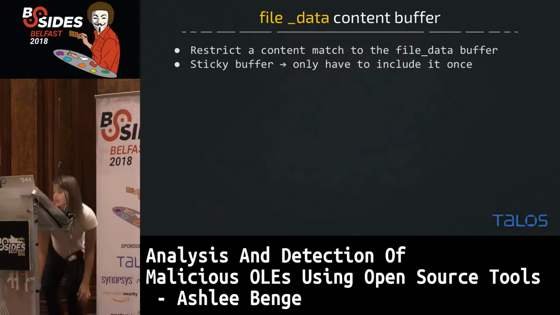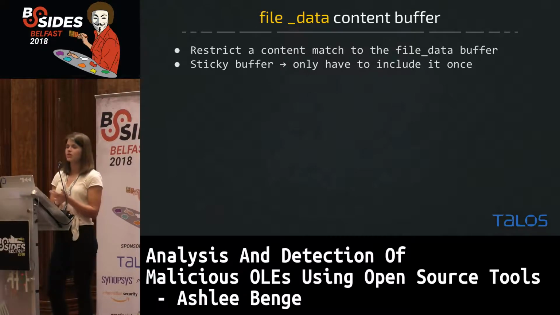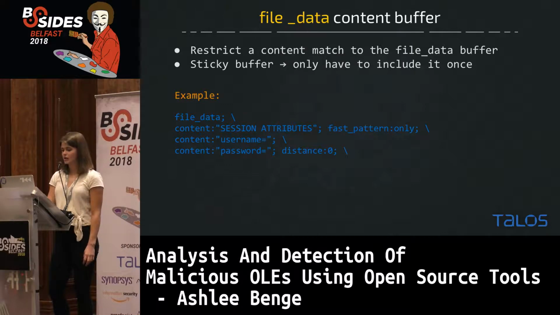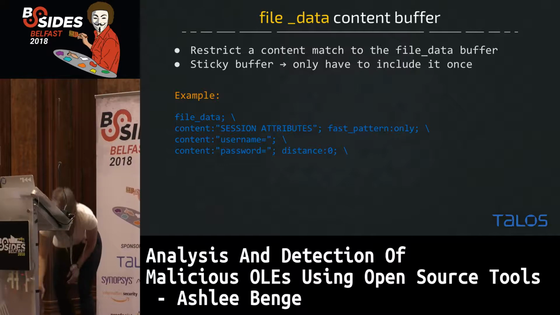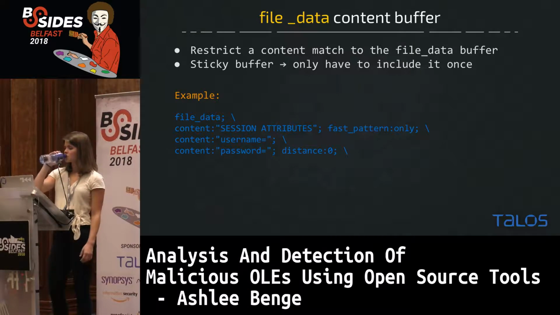And that's pretty useful because a lot of times we want to identify a lot of things in our file data buffer, and it just makes it quicker if you're an analyst writing this rule. So in this case, we have 3 content matches, and they're all within the file data buffer.